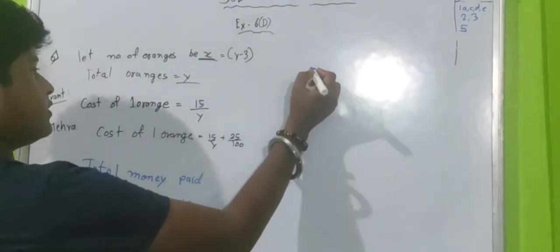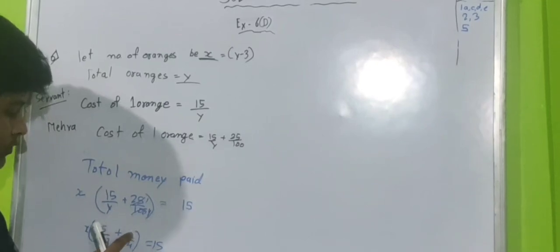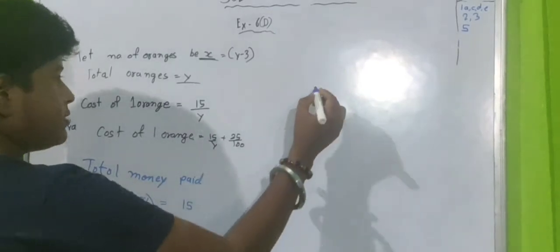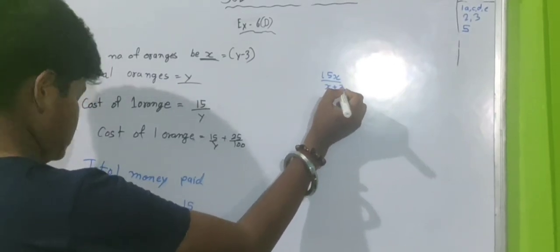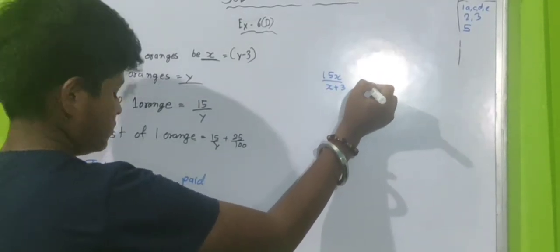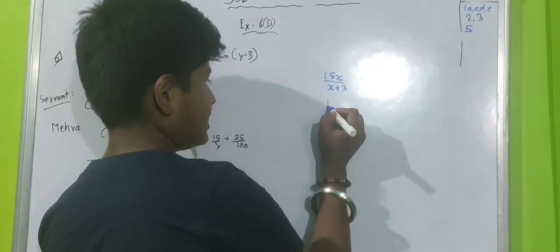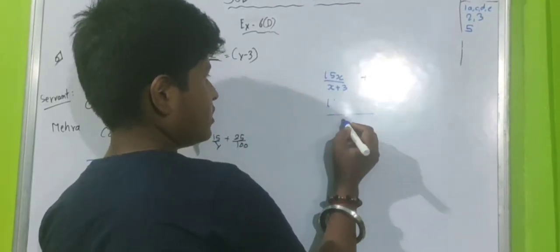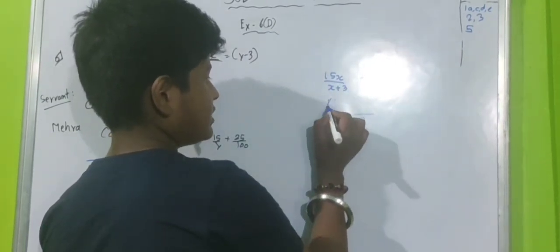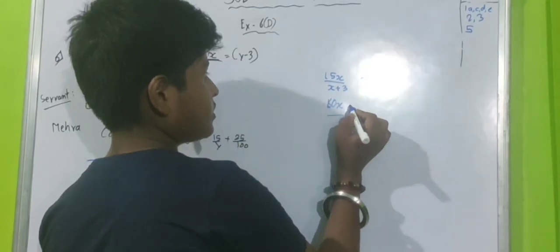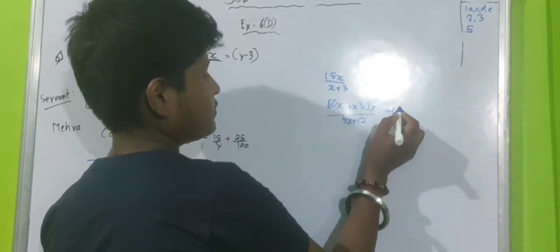Now I am solving it here. Sorry, here now it will be 1 only. Now with the change you will get 15x by x plus 3 plus x by 4 is equal to 15. Now take the LCM, you will get 4x plus 12. From this we will get 60x plus x square plus 3x is equal to 15.